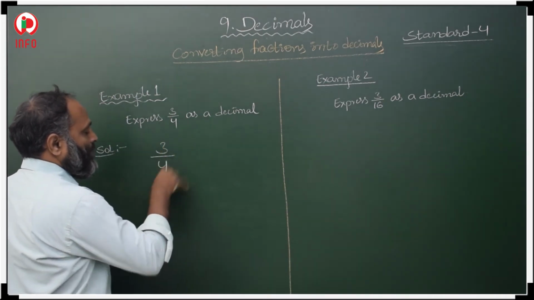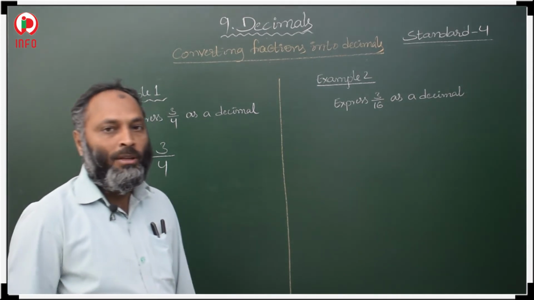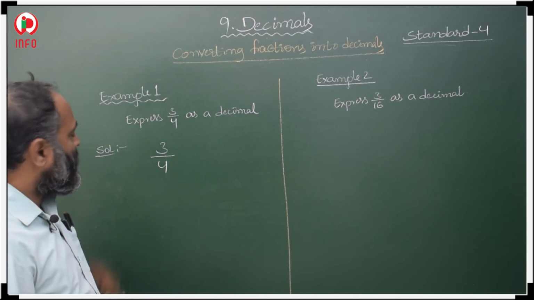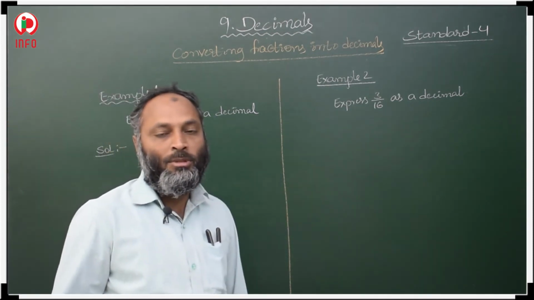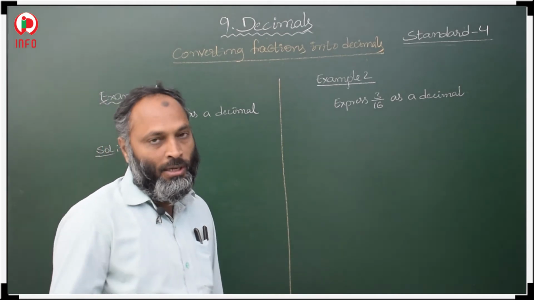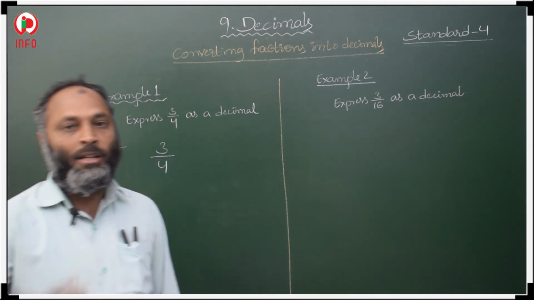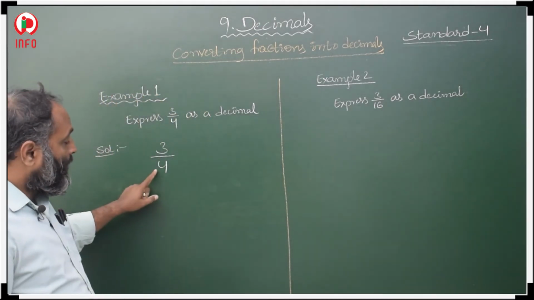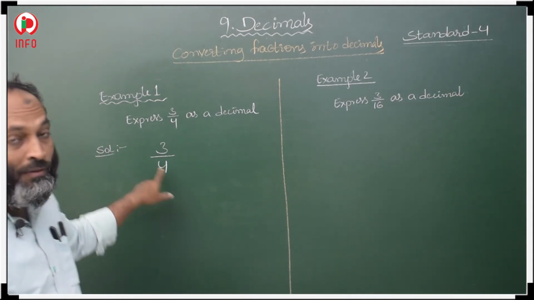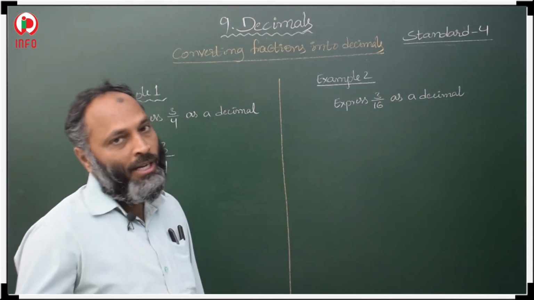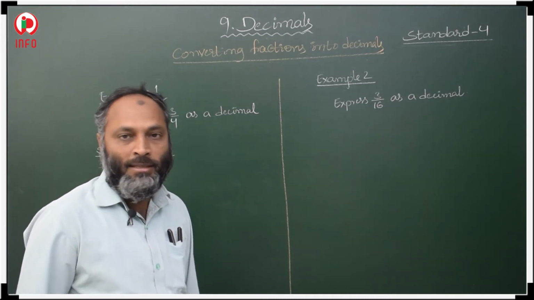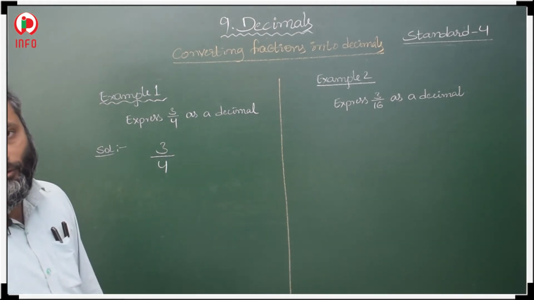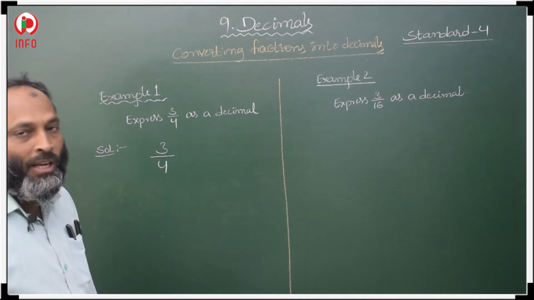Then how to convert this 3 by 4 into a decimal? See here, what is the denominator? 4. So we have to check whether it is possible to convert 4 into 10, 100, 1000, 10,000, like that. Yes, if you multiply this 4 with 25, you will get 100.